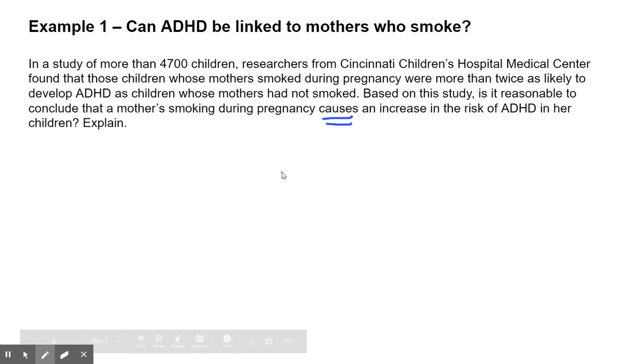This is just an observational study. We did not impose any treatments on anybody, so it's not an experiment. So our response is something like this.